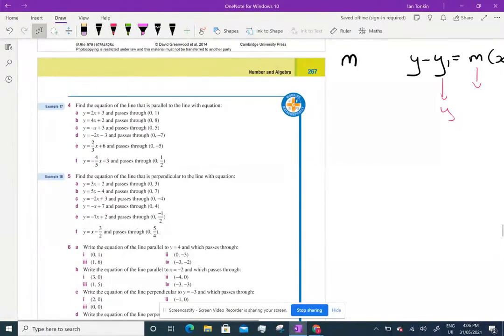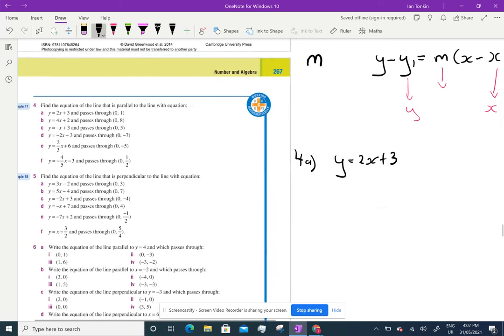So here we go. I'm just going to do 3 of these. So 4a. y equals 2x plus 3. And the question says, find the equation of the line that's parallel through (0, 1). Well, the gradient of this line, because it's written in y-intercept form, is 2.